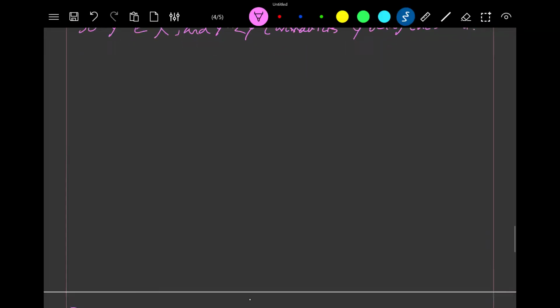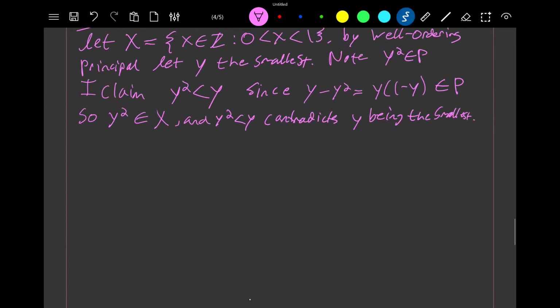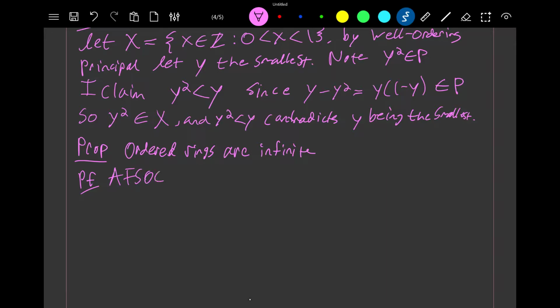Okay. So ordered rings are infinite. And here's kind of the proof of that. Assume for the sake of contradiction there is a finite ordered ring.